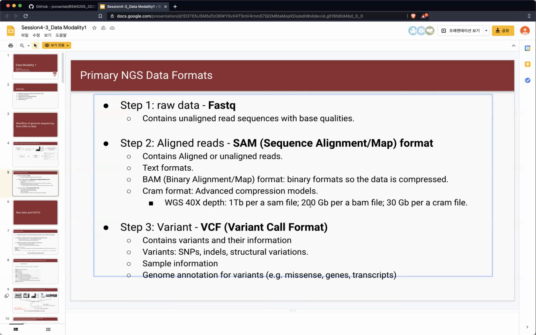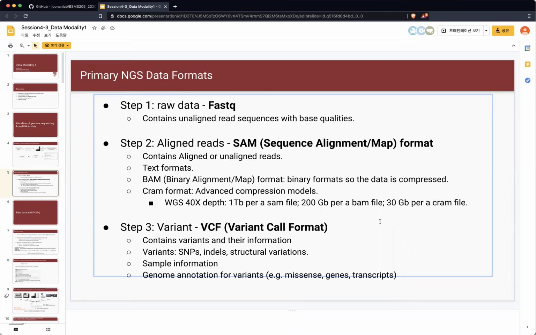It's still big, right? If you sequence not just one person but 100 people, it will take up like 20 terabytes, so it's quite large. Then if you store that information in the CRAM format, it takes only 30 gigabytes. So it's almost 30 times less than the standard format. Okay, so this is the second step data format.